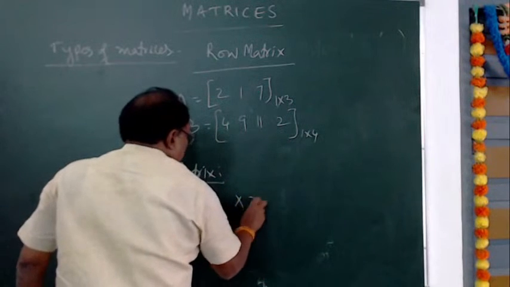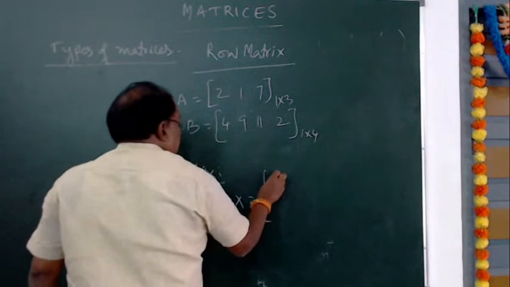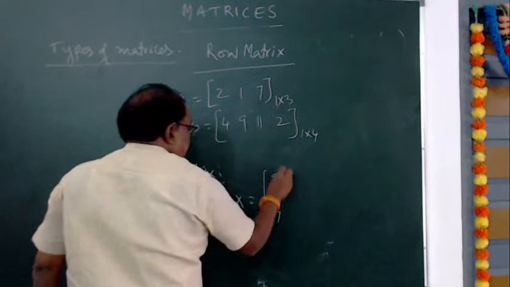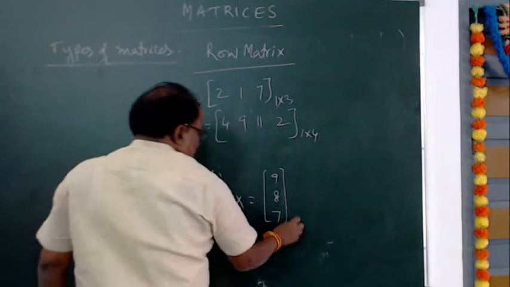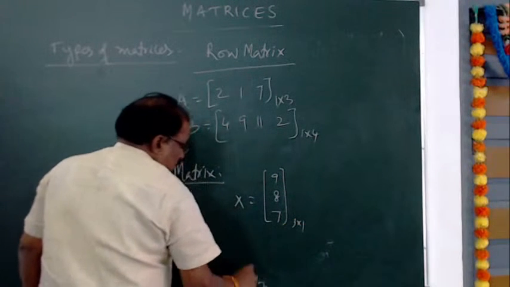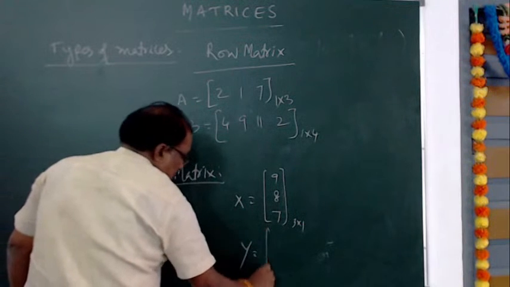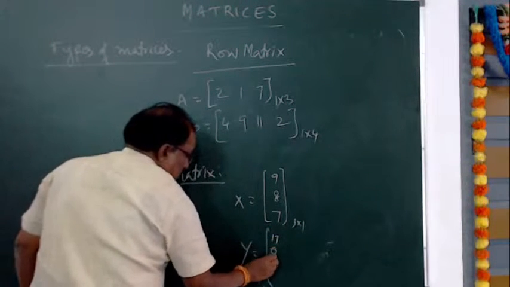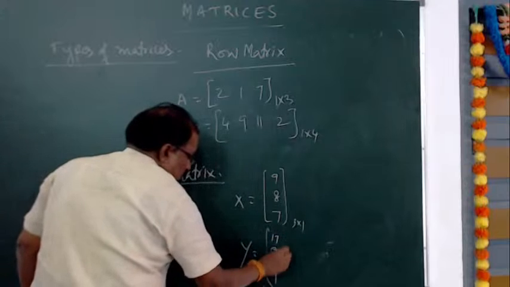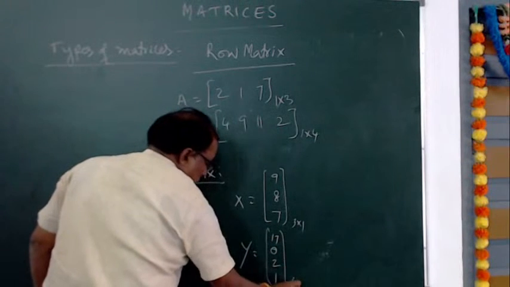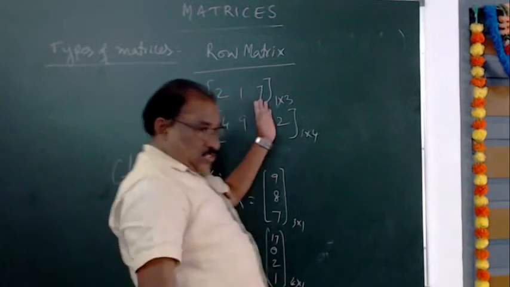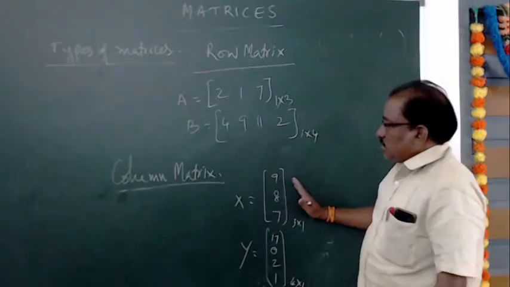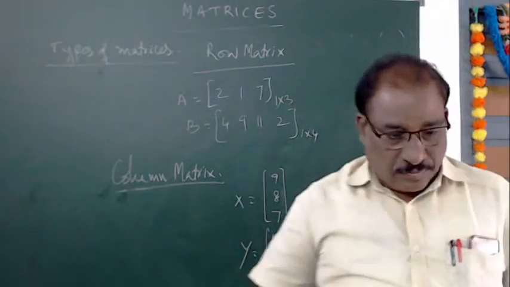Like X with only one column: 9, 8, 7. This is 3 rows and 1 column. And Y is 4 rows and 1 column. This is a row matrix and this is a column matrix.